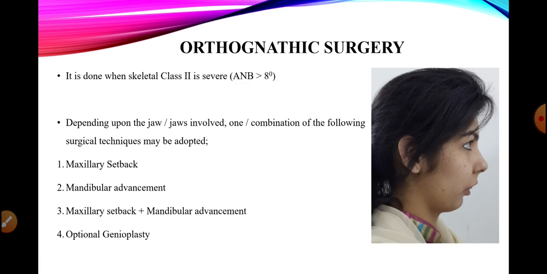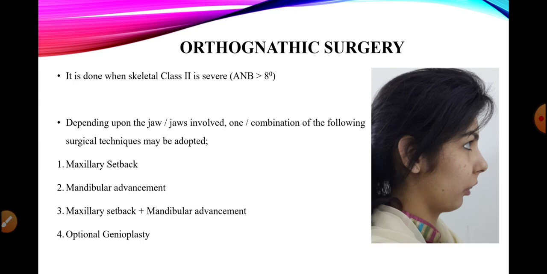Now the third modality of treatment that we are going to discuss is the orthognathic surgery, and when we will be going for the orthognathic surgery. We will be going for the orthognathic surgery when the skeletal pattern and the dental malocclusion pattern are beyond the range of orthodontic camouflage, and they are severe in nature.